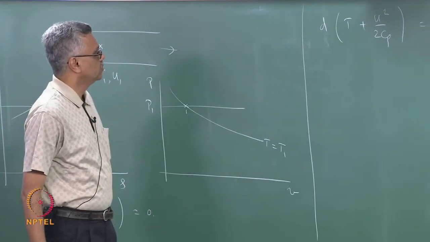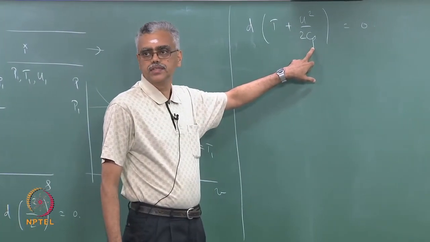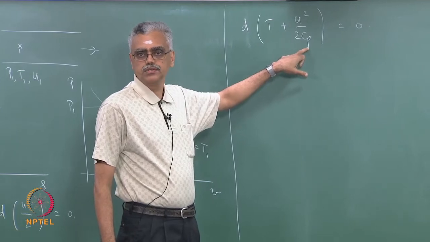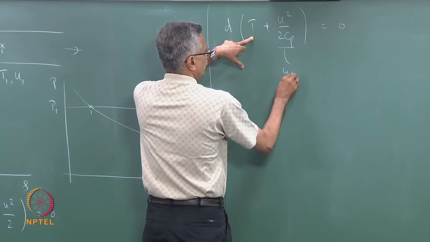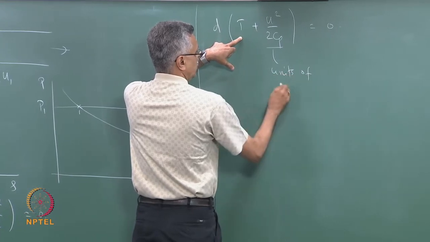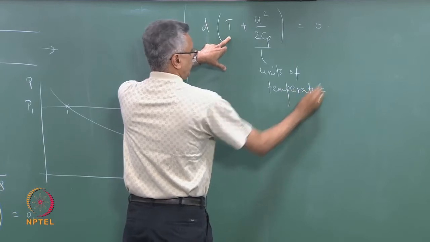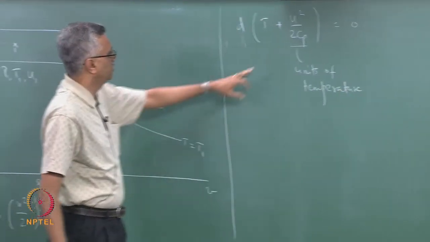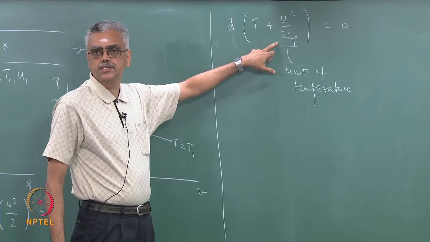The quantity u square over 2 Cp has units of temperature, same as T. So, this gives me an idea as to how I can illustrate velocity on a TS or a PV diagram.